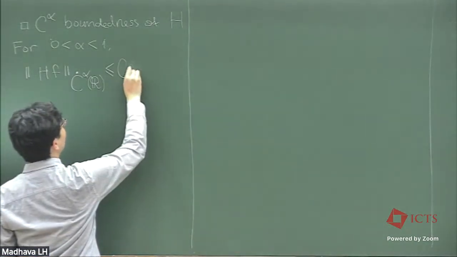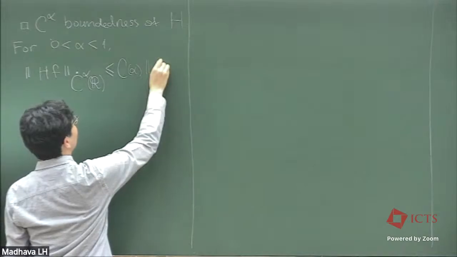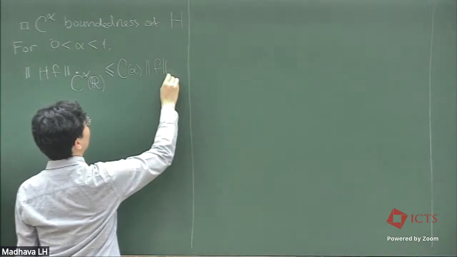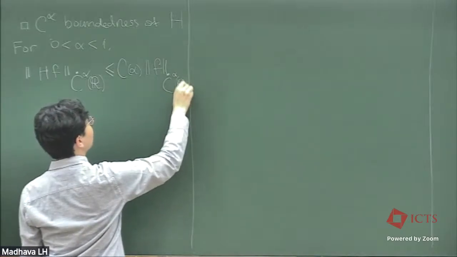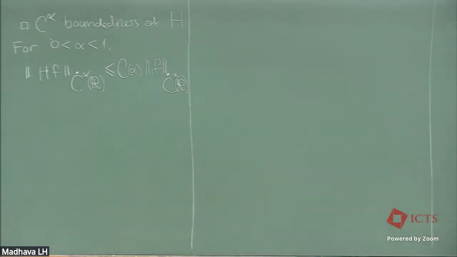We can see the constant from the proof times F in C homogeneous alpha.